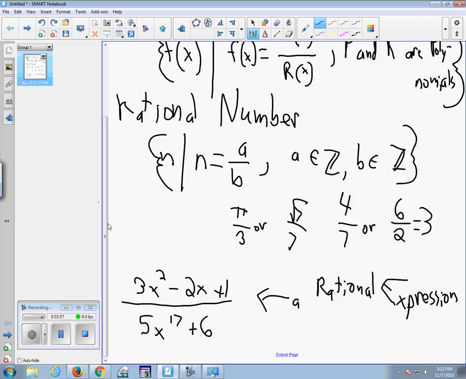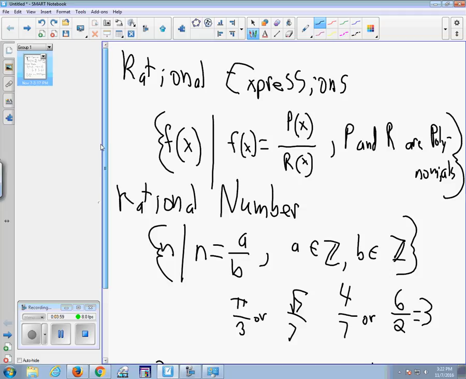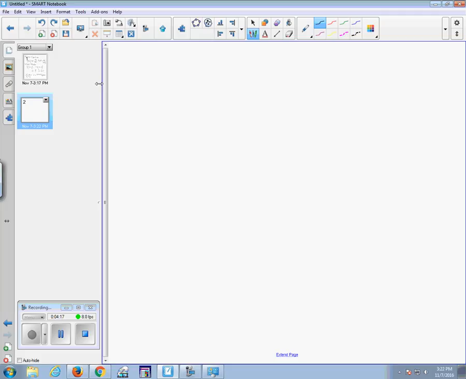Well, it's important that we see the parallel between rational expressions and rational numbers, because everything that we're going to do with rational expressions is what we've been doing with rational numbers. So let's take a look at some rational numbers like 14 over 21. What do you think I would like you to do with that?